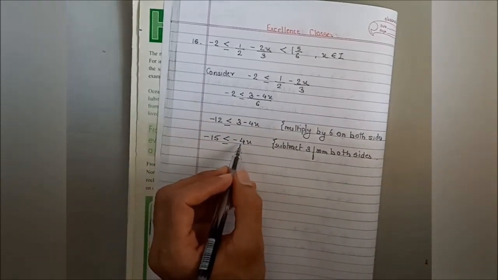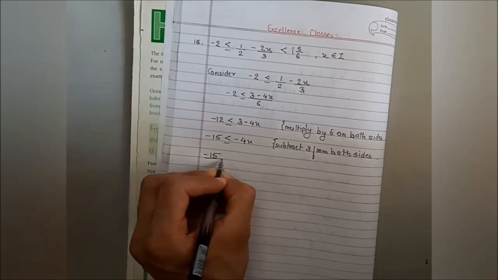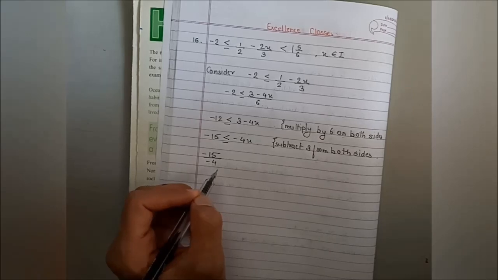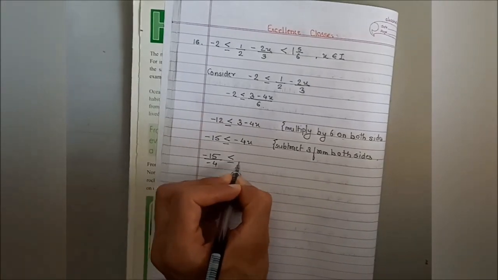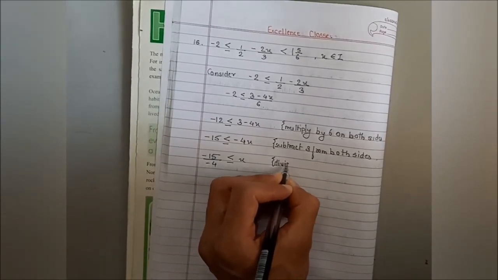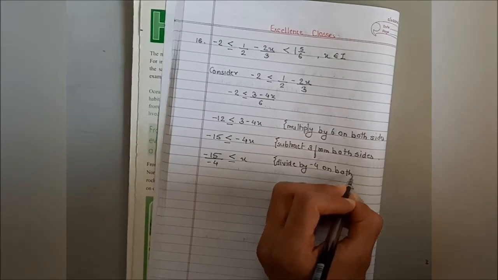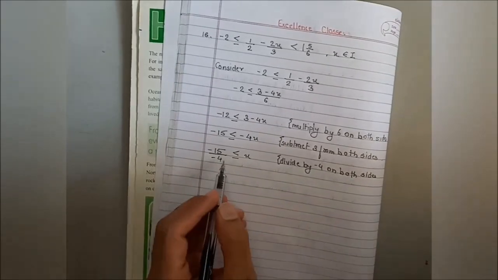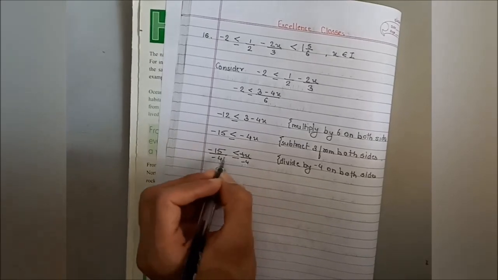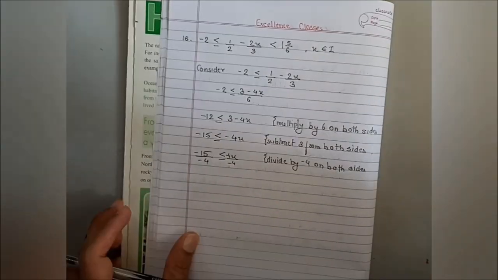Now to remove this minus 4, I will have to divide by minus 4. So this will be minus 15 upon minus 4 less than or equal to x. So now here I am dividing by minus 4 on both the sides, so the inequality sign is going to reverse.